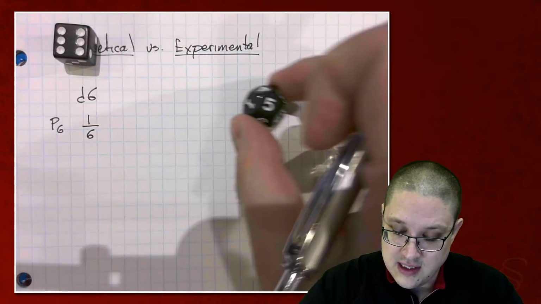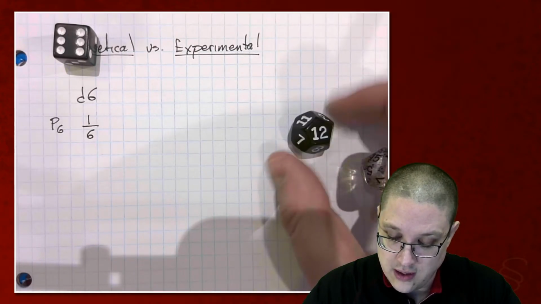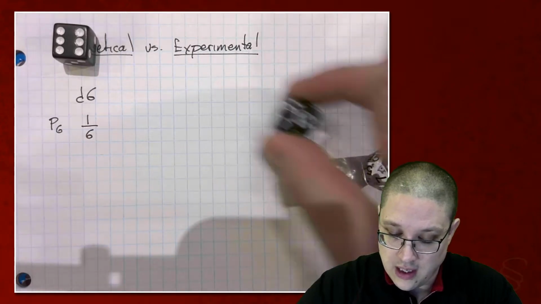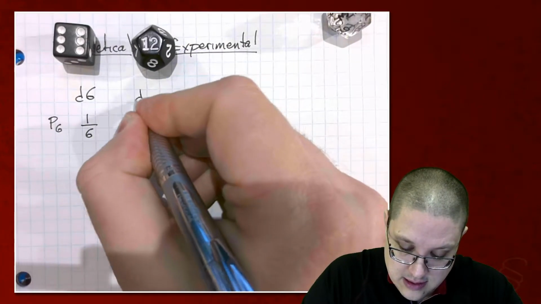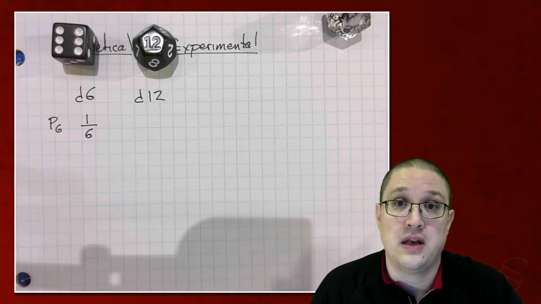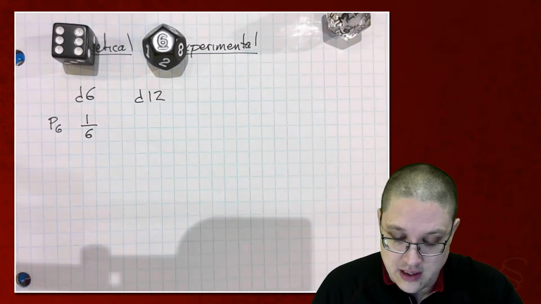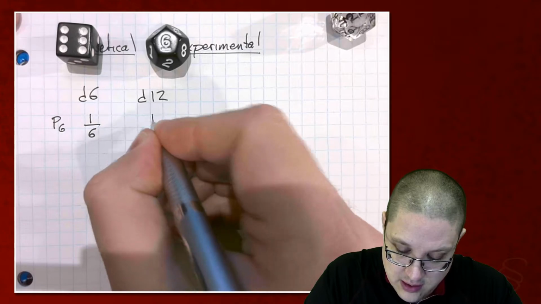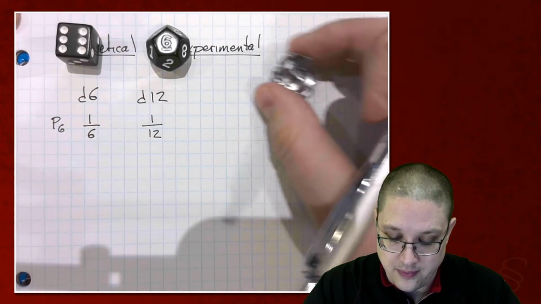Now, this die here has 12 sides on it. So this one here is what I'm going to call a D12. So what's the probability of rolling a 6 on this? Well, there is one side that has a 6 on it, but there are 12 separate sides.